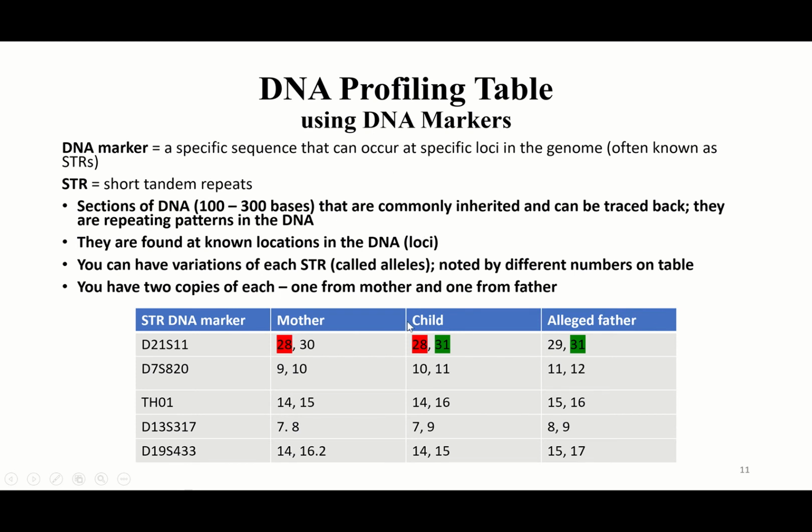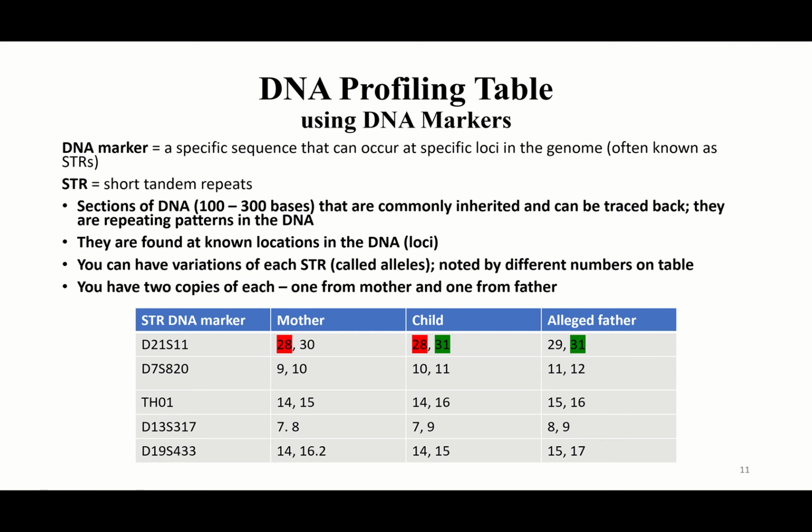So how this works is there are DNA markers, which is a specific sequence that can occur at specific loci in the genome. And there are sections of DNA that are commonly inherited and can be traced back. They are repeating patterns in the DNA that are found at known locations in the DNA.